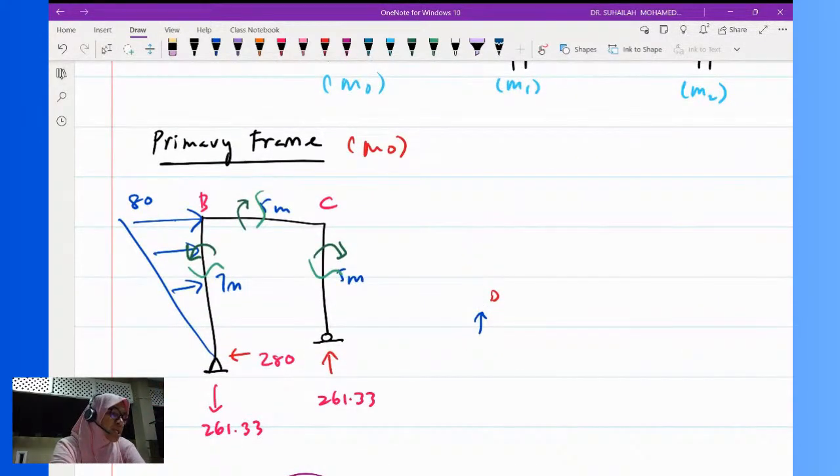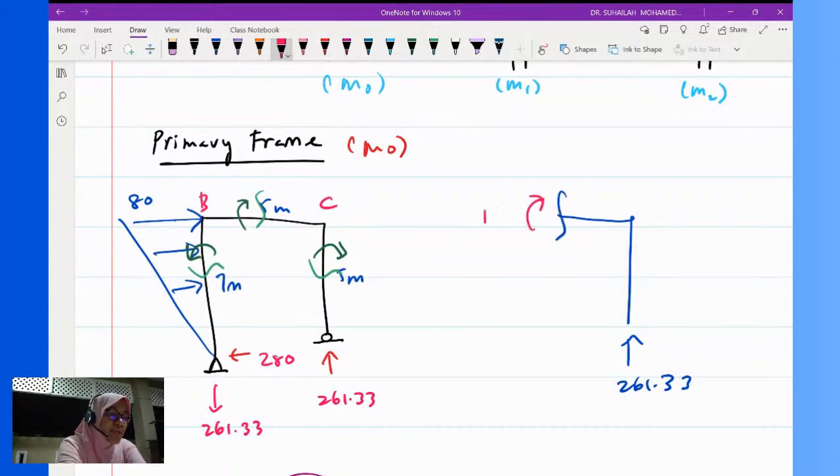Now we do the moment equation for BC. It is 261.33 moment clockwise. This is M naught. X means this distance, X starting from the origin.